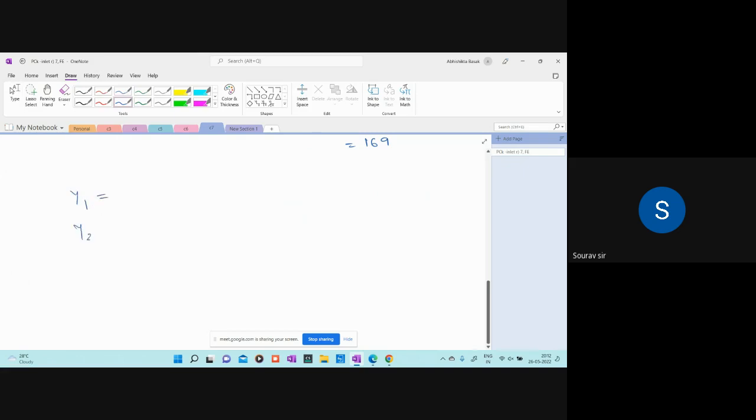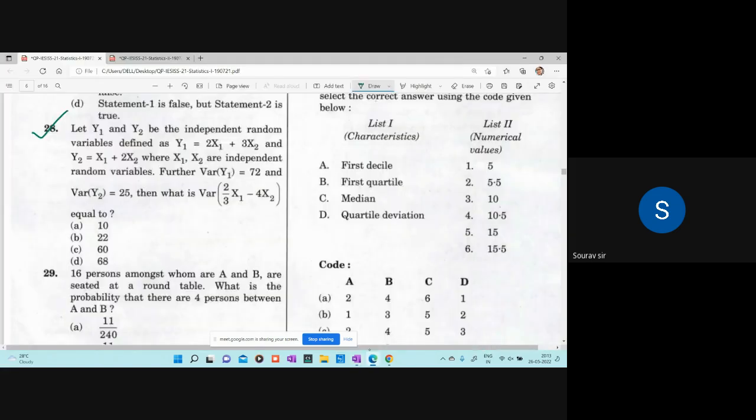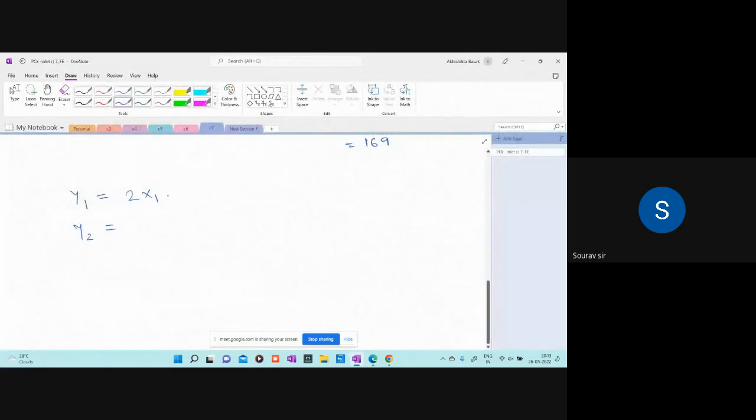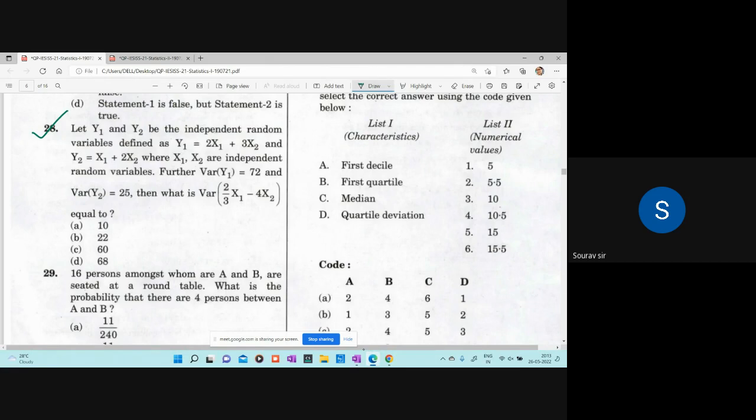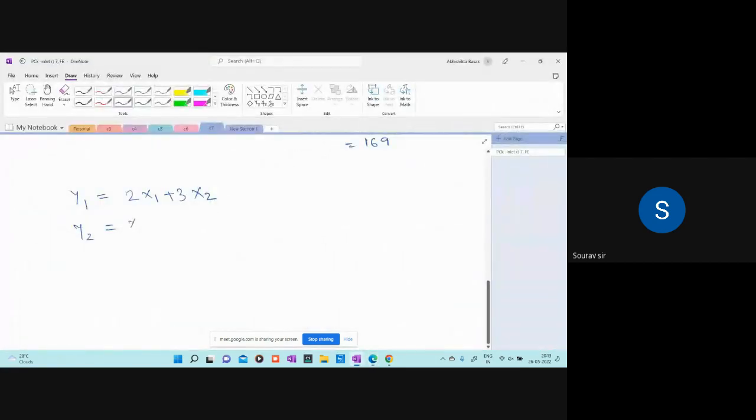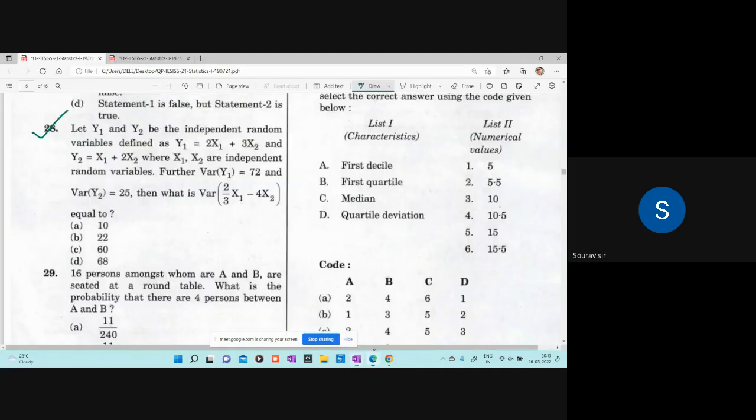So they are independent, and they are saying that the variance of Y1 is 72 and the variance of Y2 is 25, while X1 and X2 are also independent.